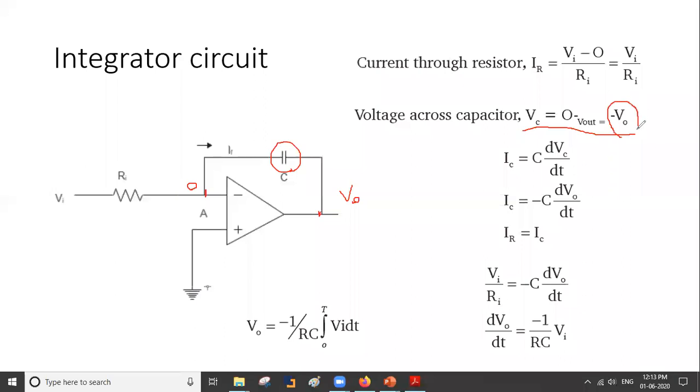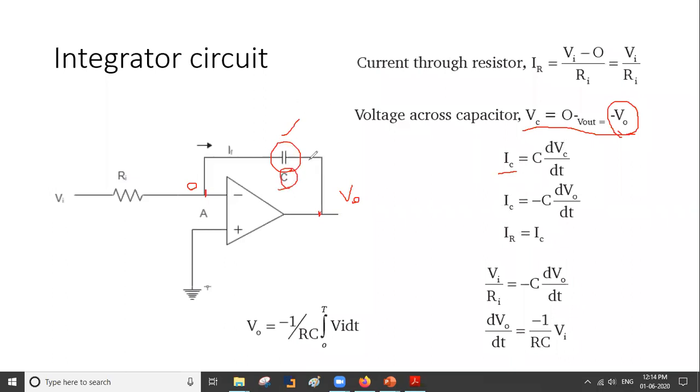The current flowing through a capacitor is capacitance times the rate of change of voltage across it. So we write the equation for IC, the current flowing through the capacitor, as C into dVc by dt, where Vc is the voltage across the capacitor and C is the capacitance value.